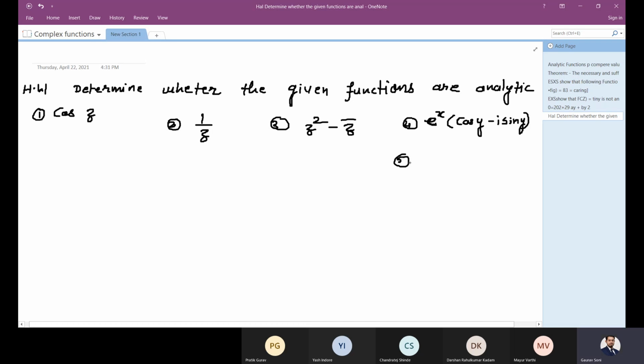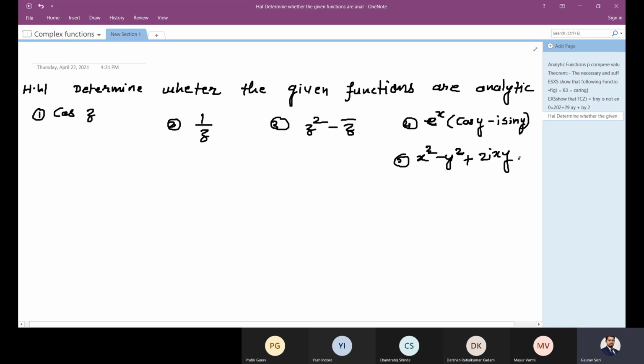And fifth one, x square minus y square plus 2i xy. You can check the analyticity for the five functions.